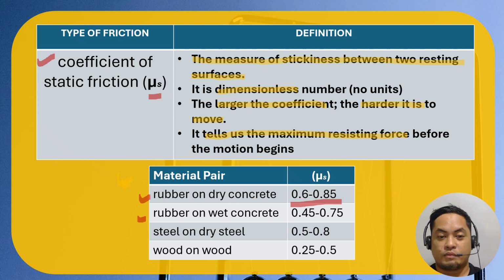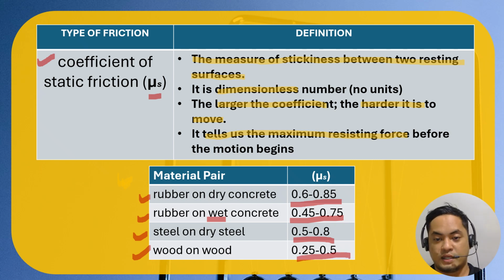If it's rubber on wet concrete, the same surface, but this time there's a substance that makes the coefficient of static friction lesser. Then you have steel on dry steel, where the static friction becomes higher. And wood on wood is lesser than steel on dry steel. It's constant. That's the range of the coefficient of static friction.